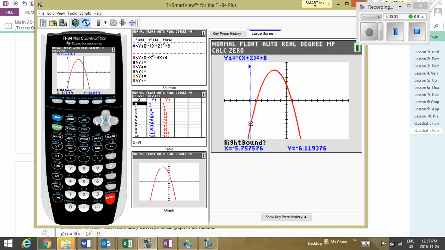So you want to be more specific, so you can just move your cursor over, and now we are to the right of this x-intercept, so I can hit enter.